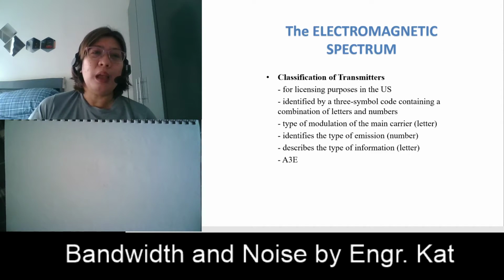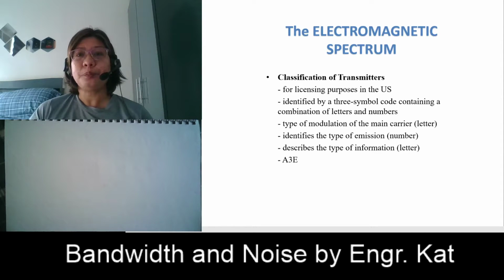Okay, so is it frequency shift keying, phase shift keying, etc. So the type of modulation of the main carrier is specified by a letter. Okay, so identifies the type of emission. So the type of emission is represented by a number and describes a type of information. It also is being specified by a letter.